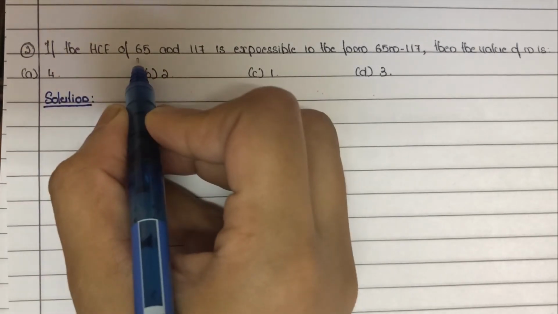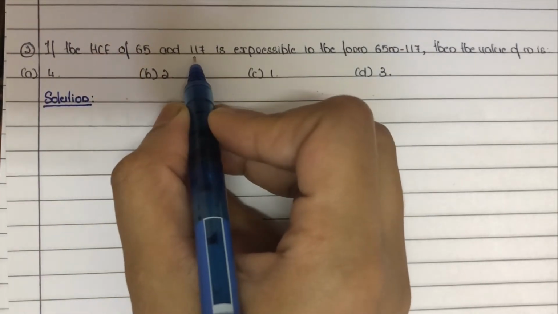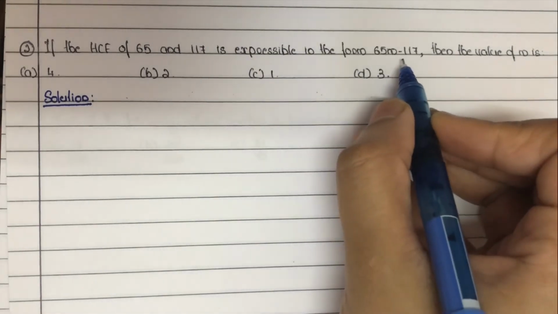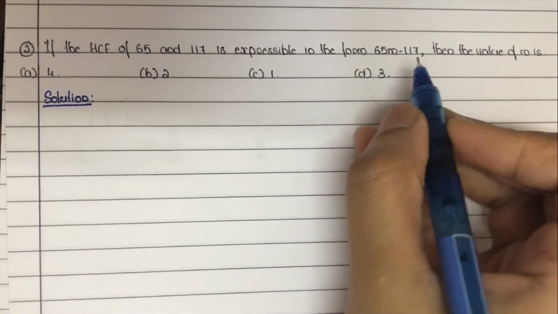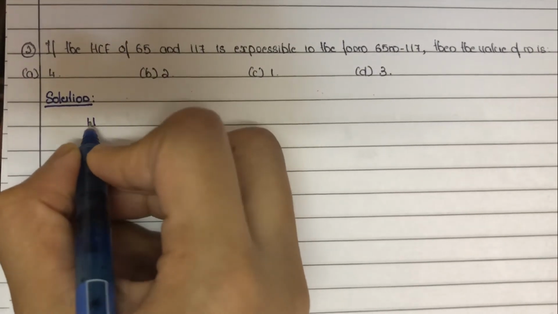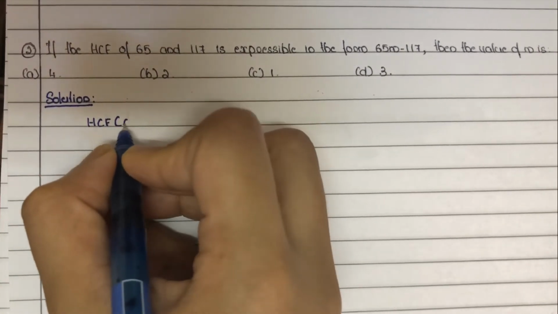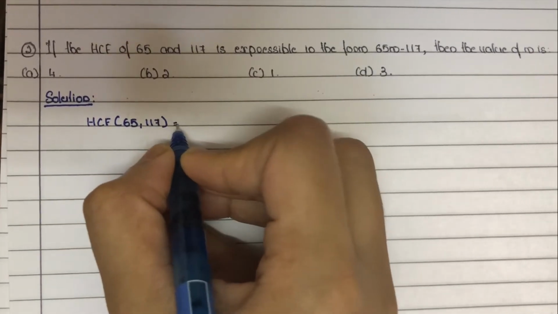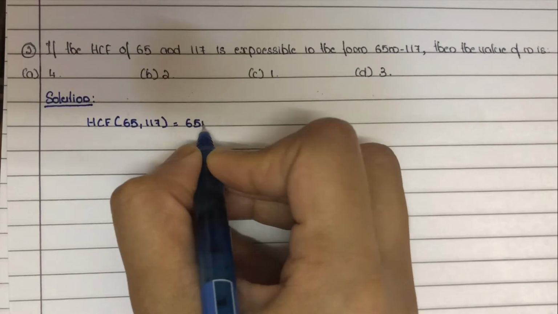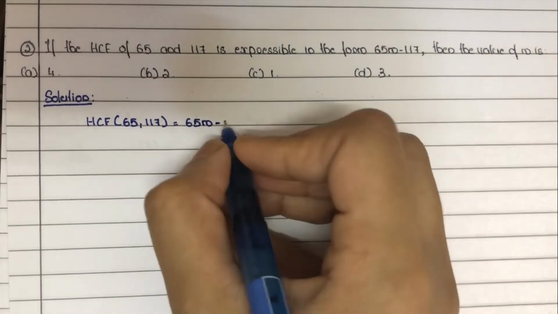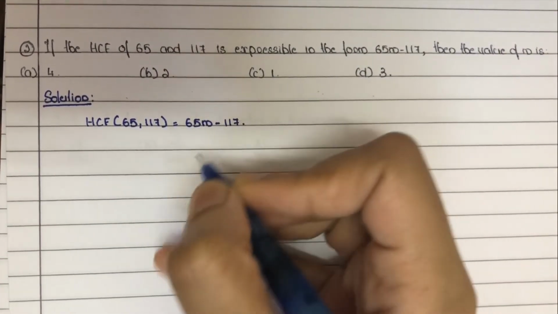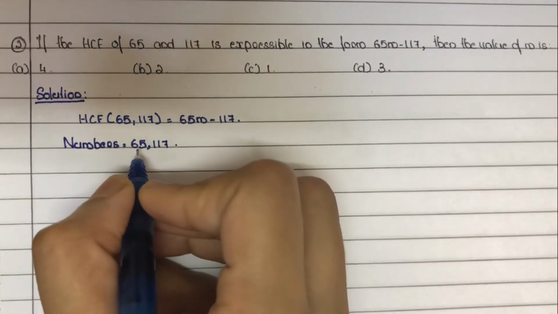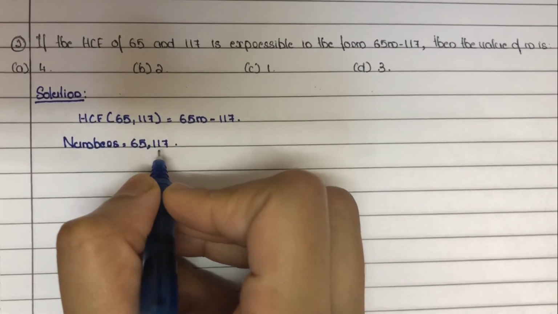If the HCF of 65 and 117 is expressible in the form 65m minus 117, means HCF of 65, 117 is equal to 65m minus 117. Here the numbers are 65 and 117.